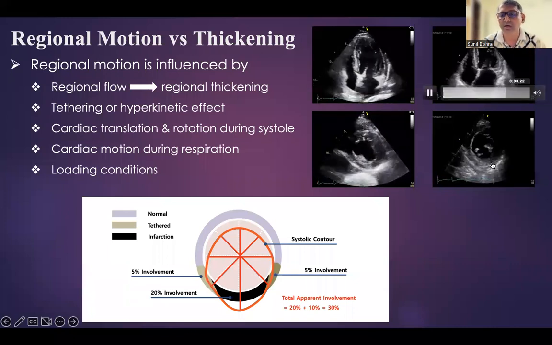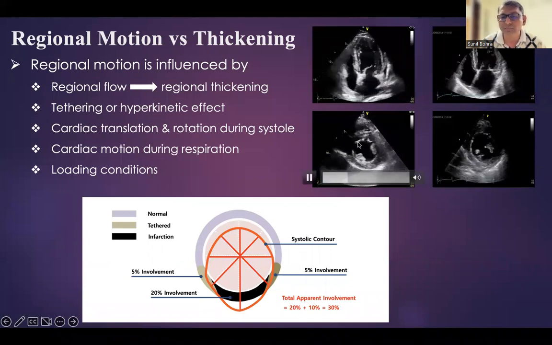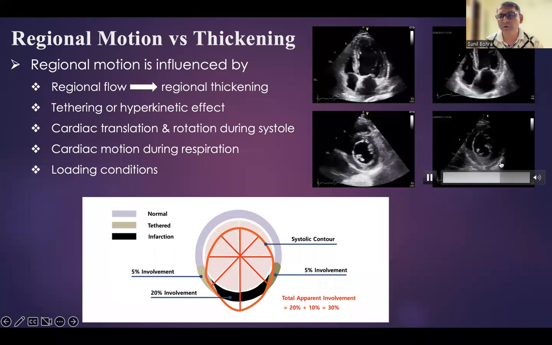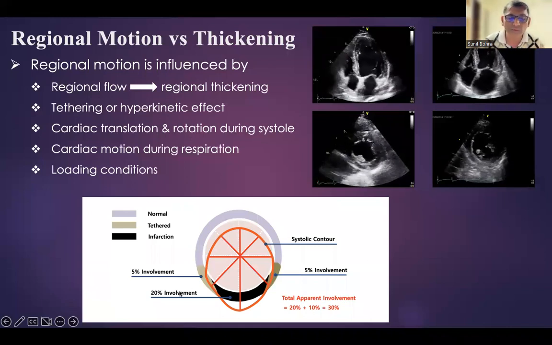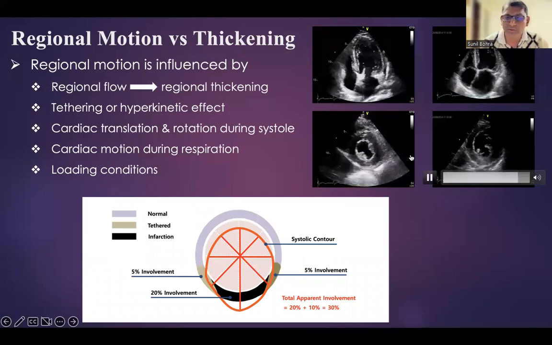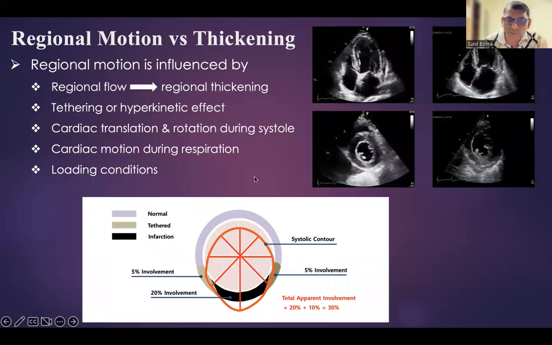Here you can see, the left side image is a normal myocardium which is contracting well. Here you can see there are some hypokinetic segments, but because of the tethering effect, they look as though they are contracting, which is actually not. So if there is a 20% involvement, suppose this segment is involved, but because of the tethering effect, we tend to overestimate the ejection fraction. So we need to be aware of this tethering effect or also the hyperkinetic effect.